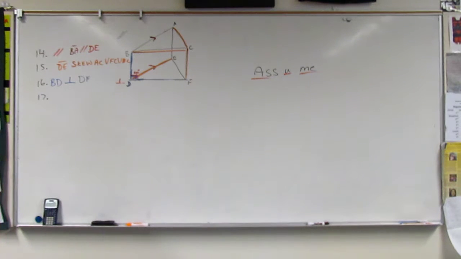Okay? You cannot fall into that trap here. They are going to make things look obtuse, and they're going to be acute. They're going to make things look acute, and they're going to be right. Alright? You guys might be looking at me like, what does that mean?